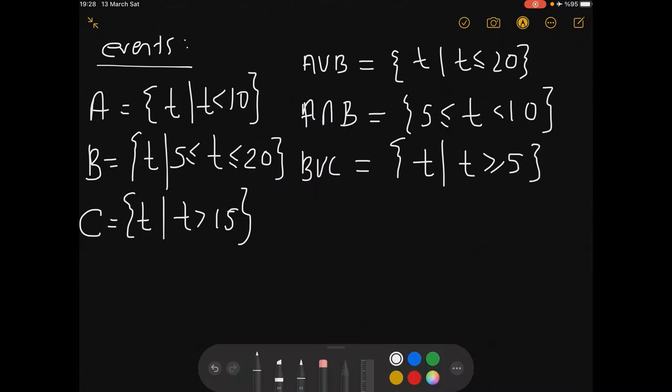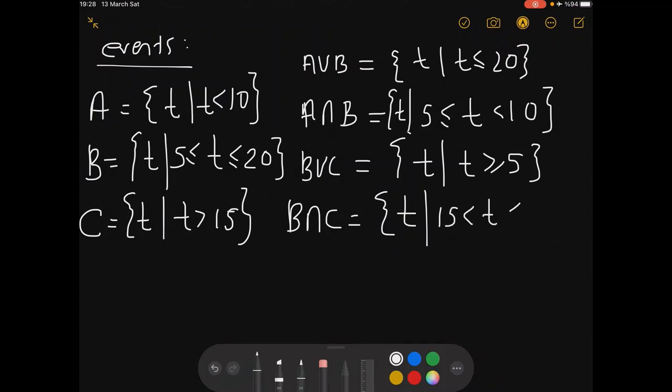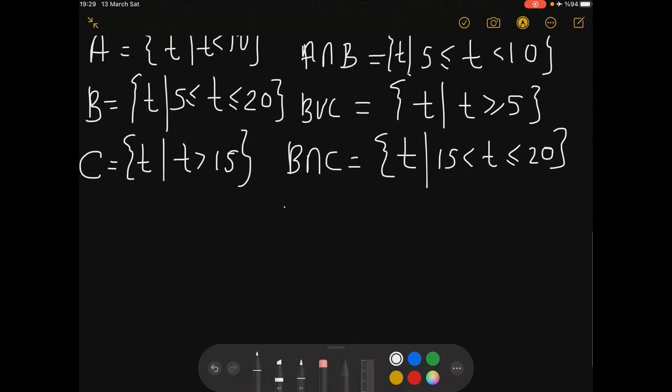Okay, we also forgot here to write T such that. Okay, now it looks more beautiful. Just write them as beautifully as you can, so that we will stick to the terminology. And what about B intersection C? As you see, it would be T such that it would be larger than 15 but less than or equal to 20. And what about A intersection C?